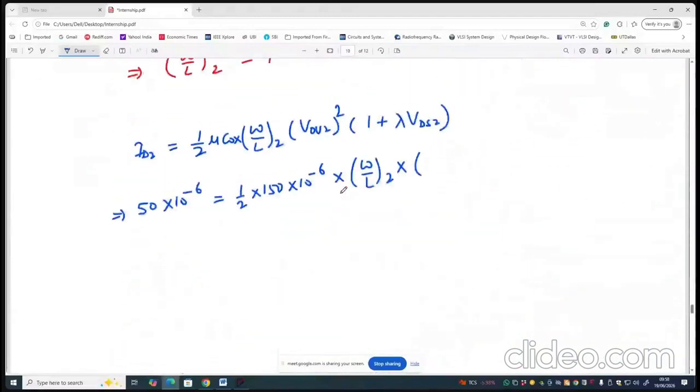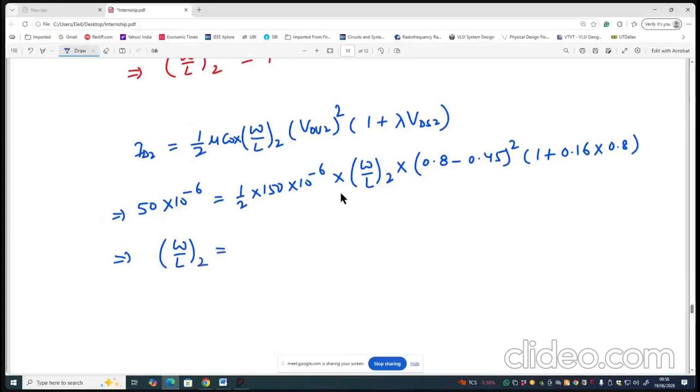So we can write 0.8 minus threshold voltage, we are assuming 0.45, the whole square, and 1 plus lambda, which is 0.16, into VDS, which is 0.8. Can you do the calculation and find W upon L2 from here?